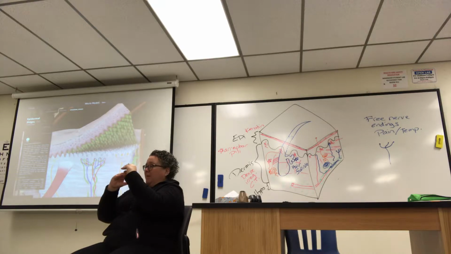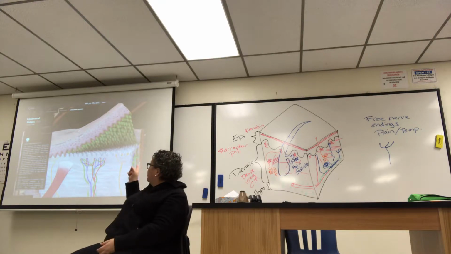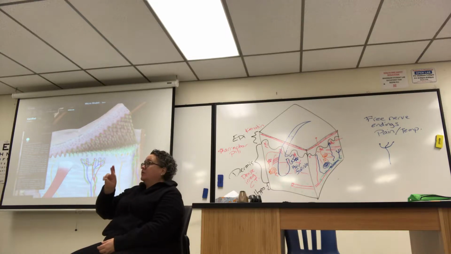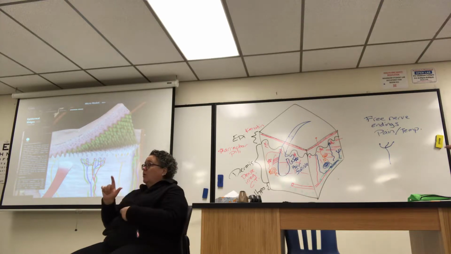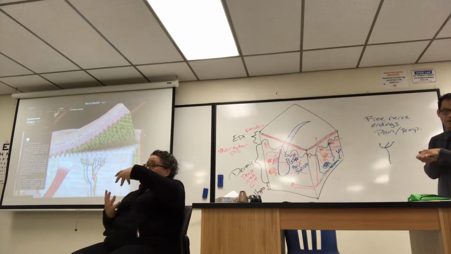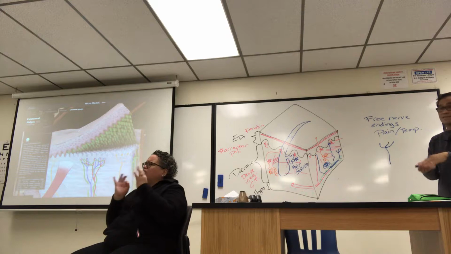When I highlight it in purple, those little things are called epidermal ridges, and they interact with the bumps on the dermis, which are called dermal papillae. Okay? So that's how the two interact. When you have this kind of ridge-papillae interaction, it's a snugger fit. Okay, it'll not tear so easily.